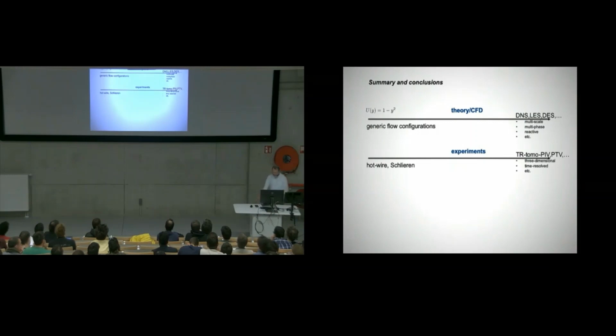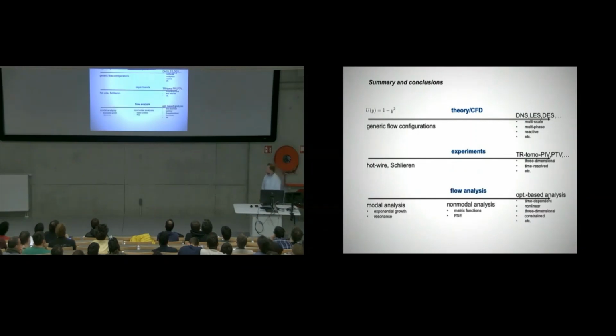And for that reason, I think flow analysis also needs to move on. It needs to move on from looking at eigenvalues and exponential growth and resonance. A good step was already to throw back in that finite time horizon of a stability, redefine stability and abandon the Lyapunov concept, which doesn't work so well for fluid mechanics because we have limited timescales.